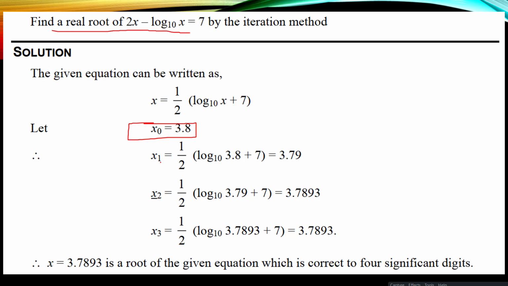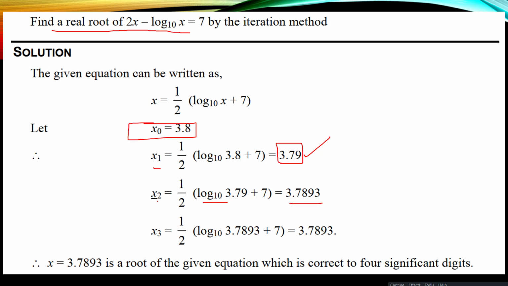Then we have x1. When you apply the value of 3.8, x1 is equal to half into (log to the base 10 of 3.8 plus 7), which will give you 3.79. And x2 is equal to, with this new value 3.79, half into (log to the base 10 of 3.79 plus 7), which will give you 3.7893.